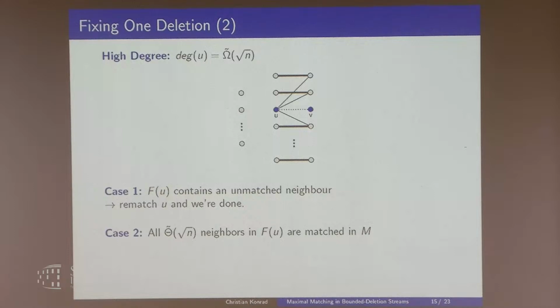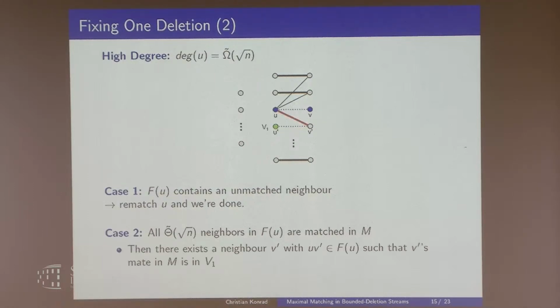But we also selected a subset of random root n vertices, and for those, we stored the entire neighborhood. So among the edges that we stored, there must be some V prime such that V prime is connected to some U prime, and U prime must be in V1. We know the entire neighborhood of this vertex in V1.